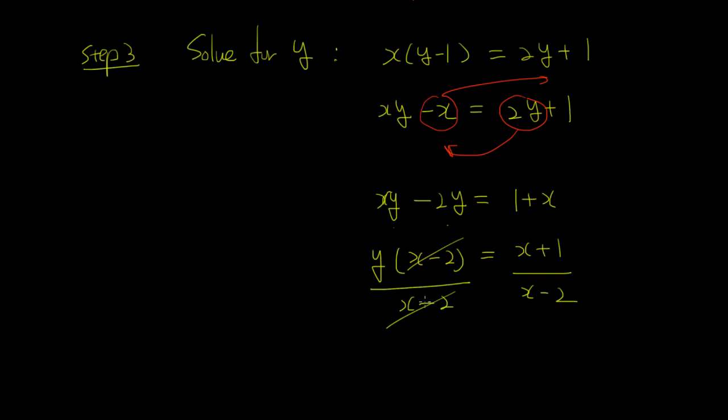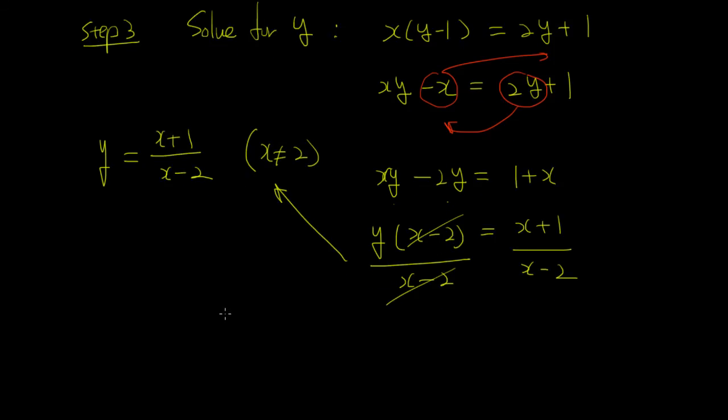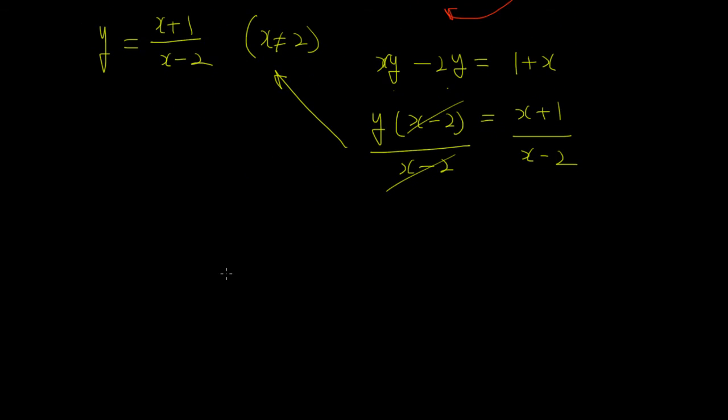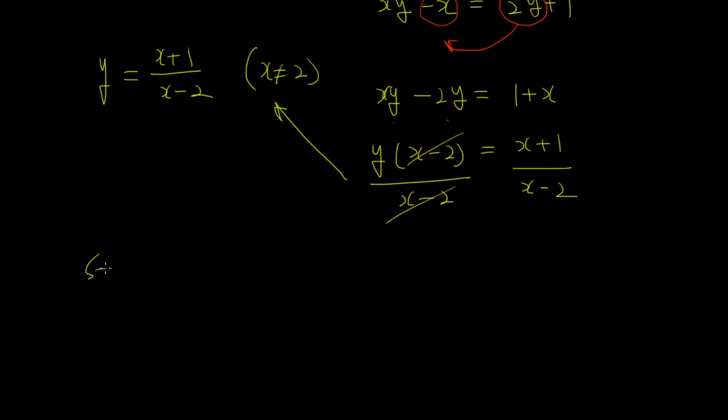Same deal. And then divide everything by x minus 2, so that this cancels out. I'm going to rewrite it in here. Then y equals x plus 1 over x minus 2, right? And of course, here we should have this condition, x cannot be equal to 2, right? Because we don't want the denominator to go to 0. And step 4 is what?